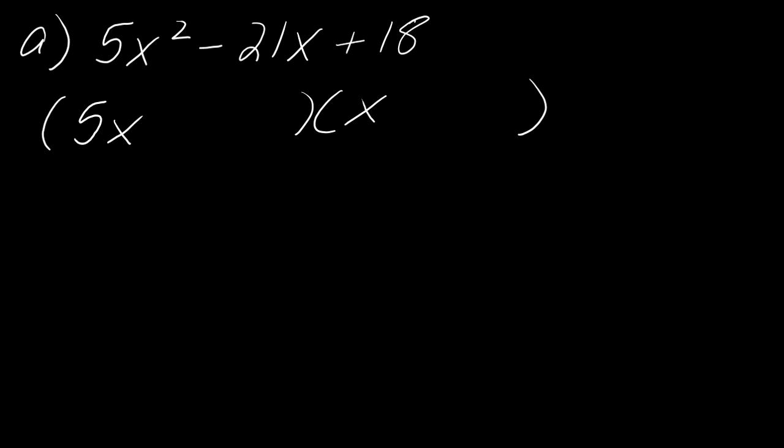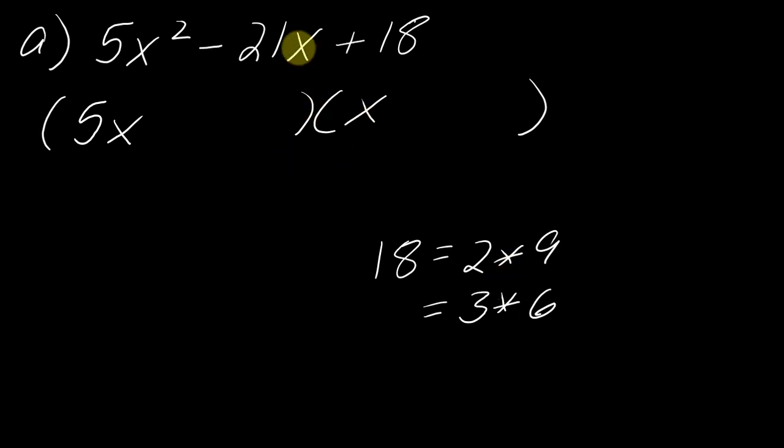Factors of 18 would be 2 times 9 or 3 times 6, right? When I think about this, I don't want to make too high of a middle term. So I wouldn't want to bounce this 9 off of this 5, because that's going to make too high of a number. But I could bounce, let's say, the 5 off of the 3.